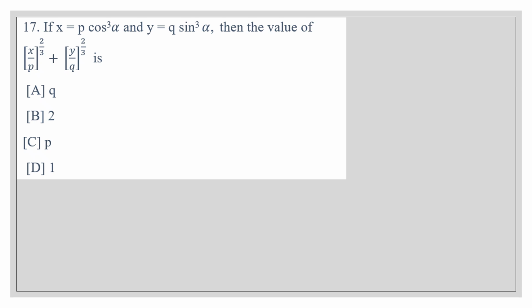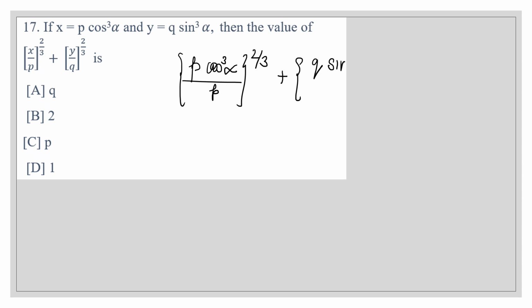Next, question number 17. If X is P cos cube alpha, Y is Q sin cube alpha, find the value. Let's directly substitute. P cos cube alpha upon P raised to the power 2 by 3 plus Y, in place of Y use Q sin cube alpha upon Q 2 by 3.